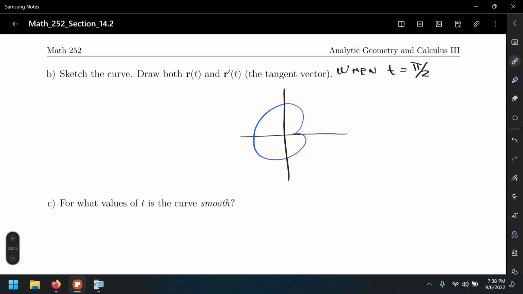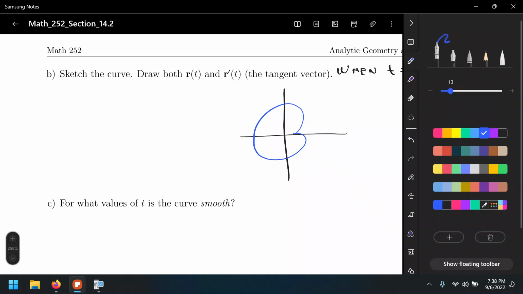In this case, they're asking us to draw both vectors, when t equals pi over 2, the original vector and its derivative. So how about we evaluate the original function r of t at pi over 2.